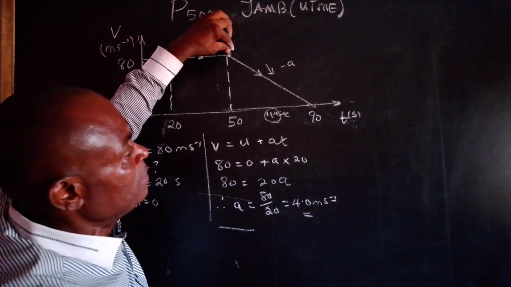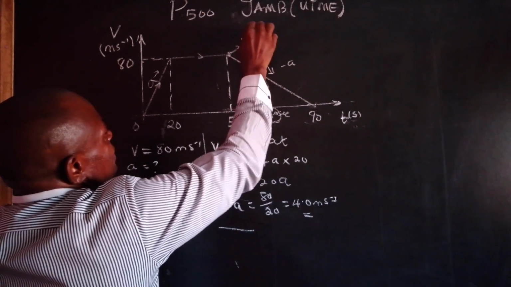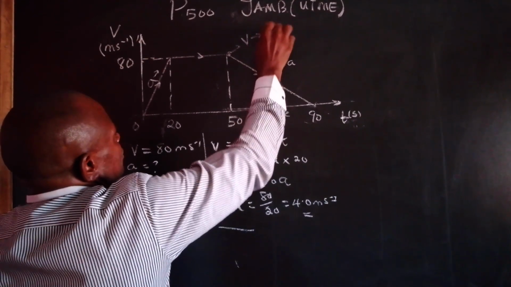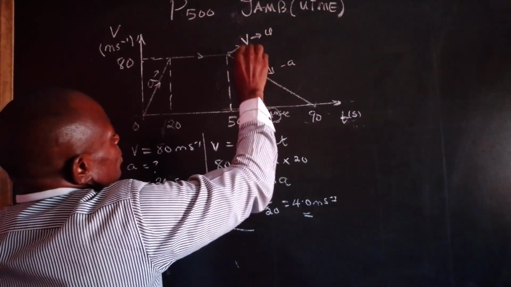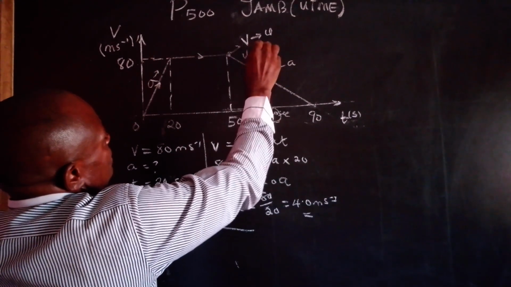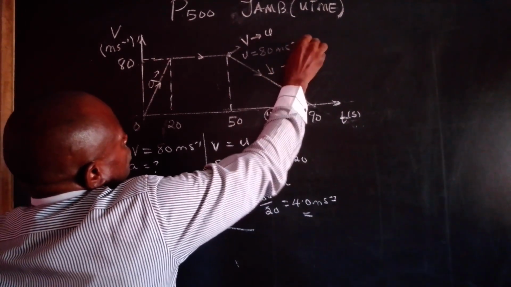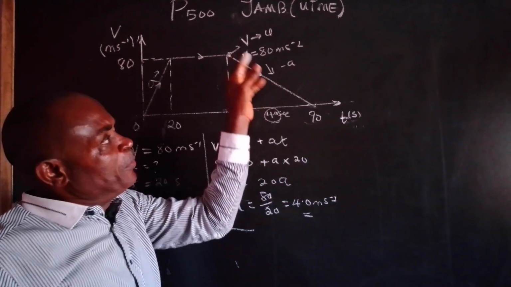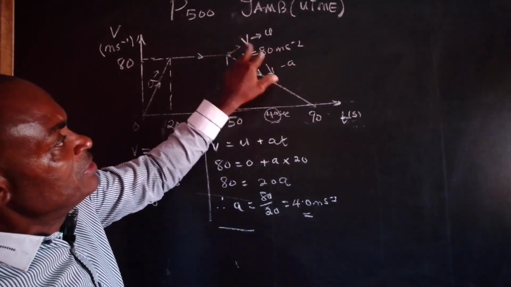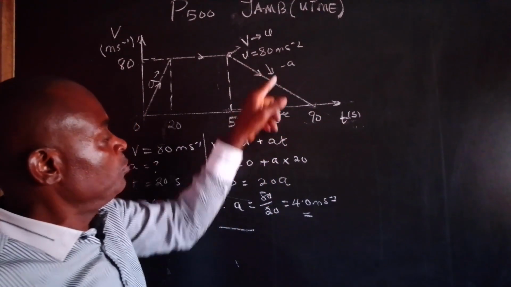At the point where the brakes are applied, the final velocity now turns to initial velocity. The value that we used as final velocity becomes the value of U. So there's a swap of velocity at this point. V now becomes 0, and what used to be V becomes U.